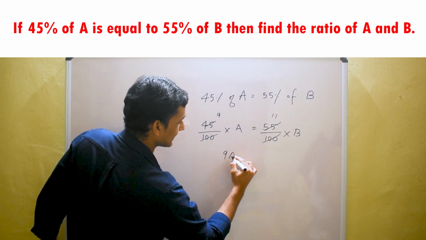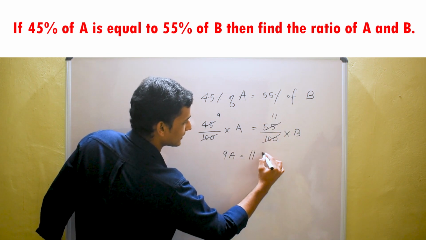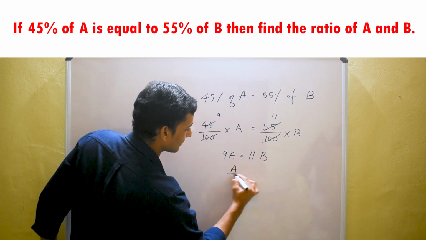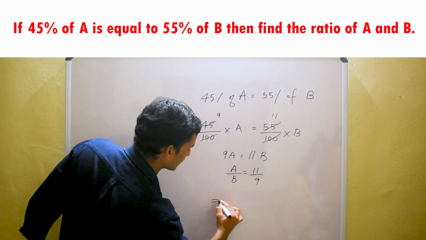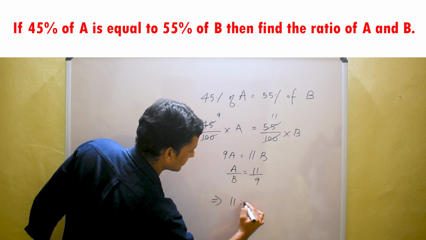So 9A is equal to 11B. A by B is equal to 11 by 9. Your answer will be 11:9.